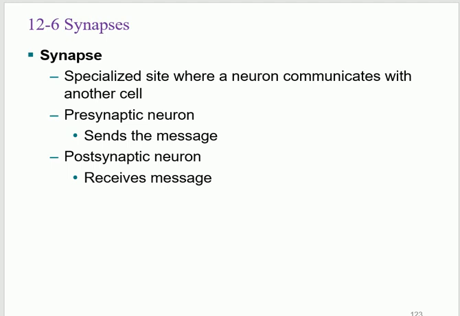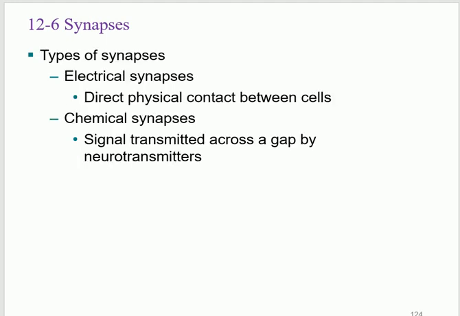You will see it. The neuron that's before the synapse is called presynaptic. The neuron that's after the synapse is called postsynaptic. Of course, you move from pre to post. Now, the vast majority of the connections between these neurons are the ones that contain a gap.